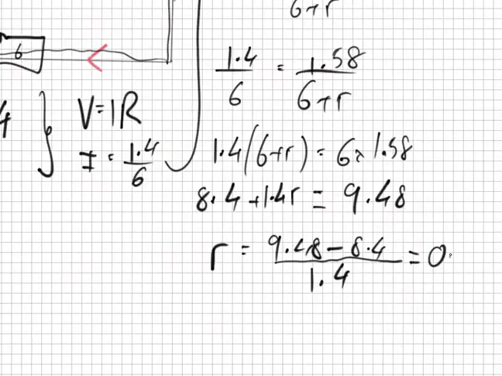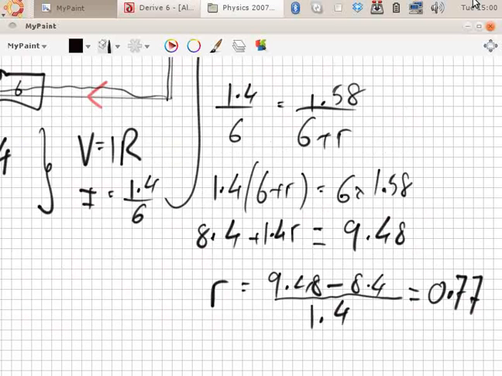So how much voltage is through this part of the journey? 1.4. And what's the resistance for this part of the journey? What is it? 6. So you can use Ohm's law, V equals I times R, and you can get the I here. So I equals V over 6. And you can put that back in here.